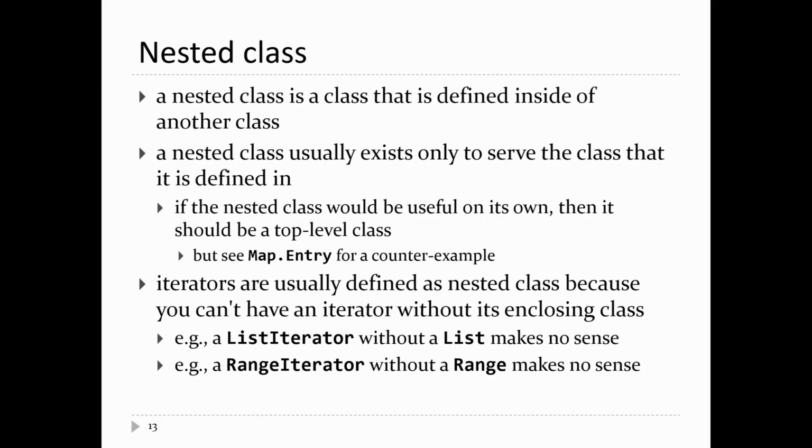In other words, range iterator only exists because range wants to implement the iterator interface. It's its only purpose. If you choose to implement a nested class and you realize at some point, hey, someone else might want to use this class, that's when you should make it its own top-level class.